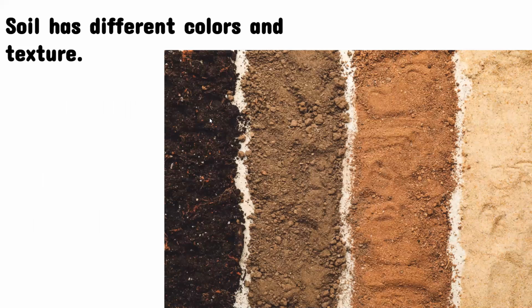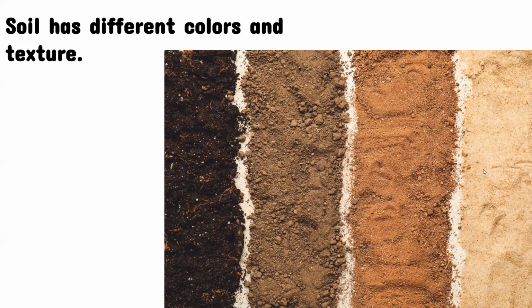And we have to know that soil has different colors and texture. So we have here different colors of soil. Okay, and as you can see here, we have dark brown, light brown, orange, and I think it's beige. We can say beige, yes.